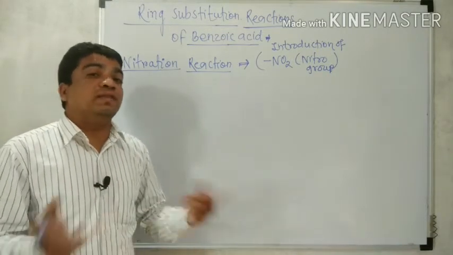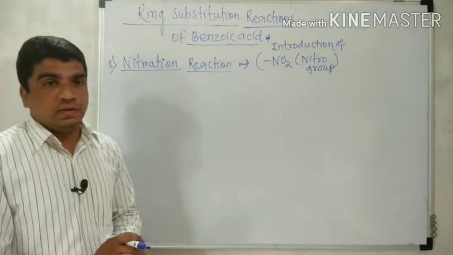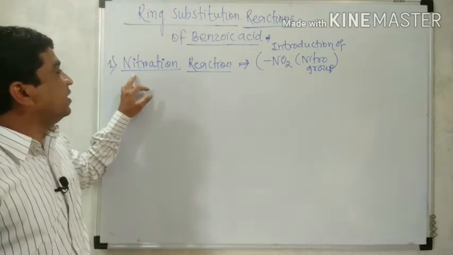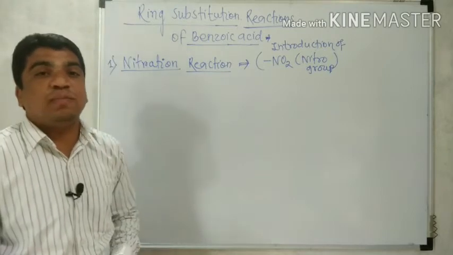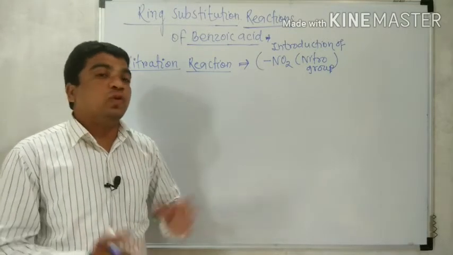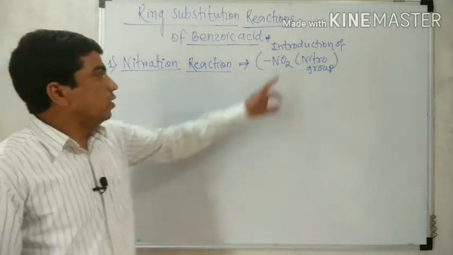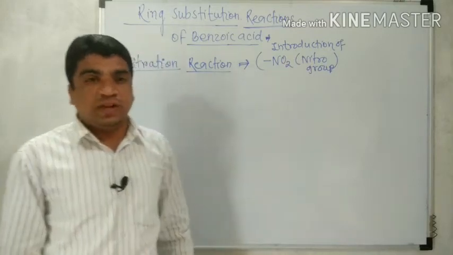Benzoic acid undergoes ring substitution because benzoic acid contains benzene. So the first ring substitution of benzoic acid is the nitration reaction. Nitration reaction of benzoic acid. We know that nitration means the reaction in which introduction of the nitro group, that is the NO2 group, takes place.